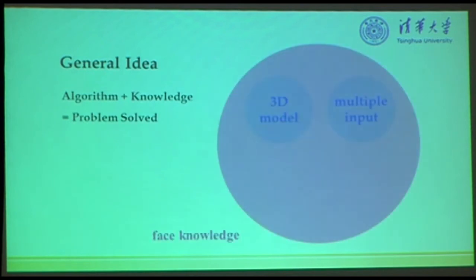And what kind of face knowledge? We could see that the 3D model and the multiple inputs are descriptions of the human face, so they are face knowledge. On the other side, face databases have a lot of subjects and a lot of illuminations, so they could also be regarded as face knowledge. Can we use the face database to substitute the 3D model and the multiple inputs?